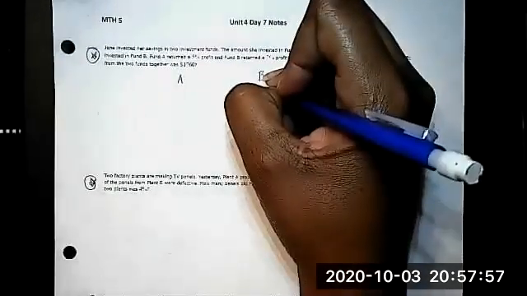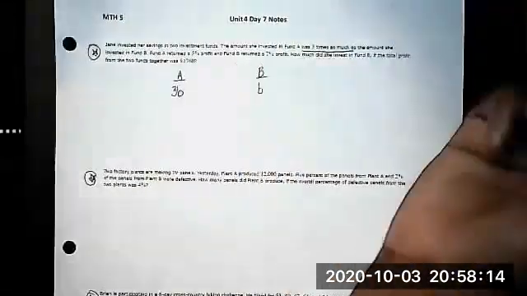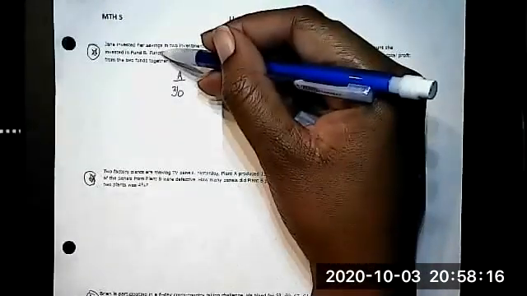Okay, so let's say this is Fund A and this one is Fund B. So it says 3 times as much as she invested in Fund B. So I know Fund B would just be a small b, but it says in Fund A, she invested 3 times as much as she invested in Fund B. So that would be our Fund A, 3 times as much as she invested in Fund B. And it says Fund A returned 5% profit, so 0.05 here.